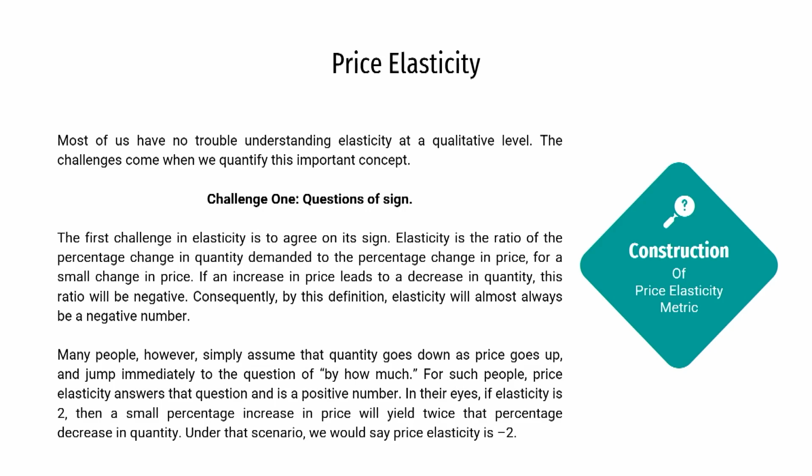Is it a negative value? Is it a positive value? Many economics books say that price elasticity is 1.5, 2, 3, 4 and so on, right. What is the sign? Conventions may be different, but conceptually, the sign of price elasticity is negative, because as per the law of demand, an increase in price will result in a decrease in quantity.